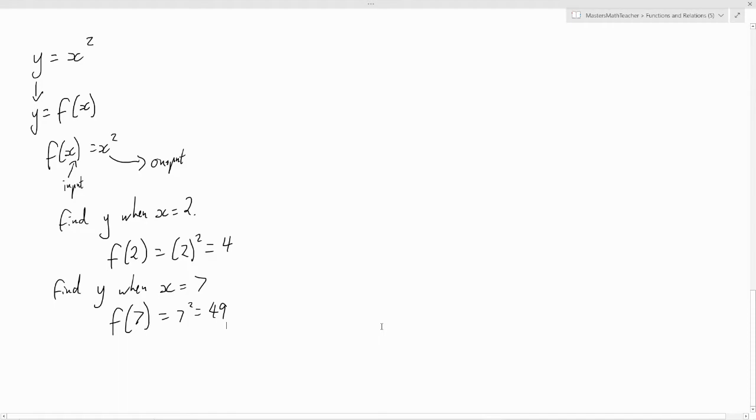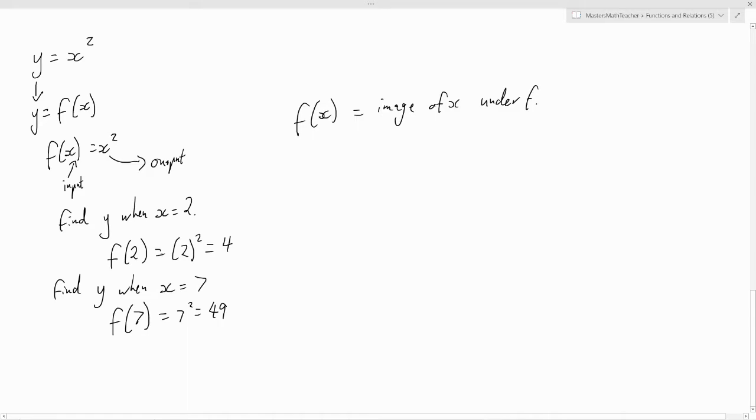We call f of x the image of x under f. So f of x is the image of x under f.